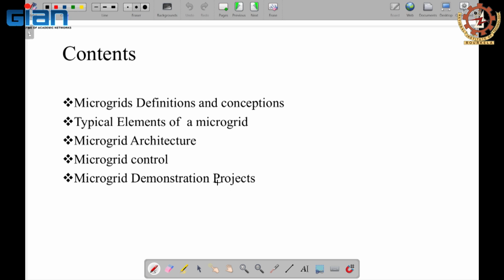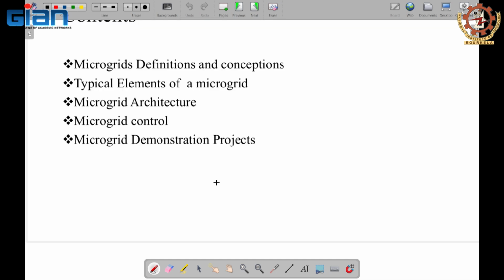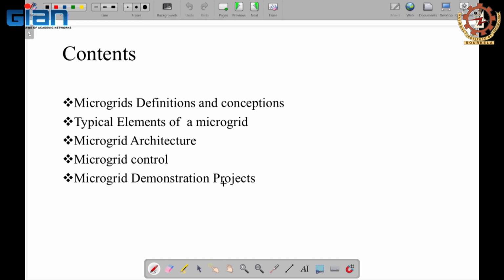So that we plan to discuss. So this will be a little bit basic stuff which we are going to further discuss in the coming slides.